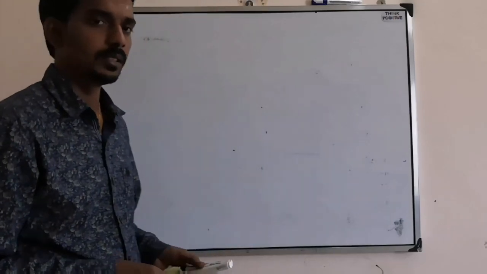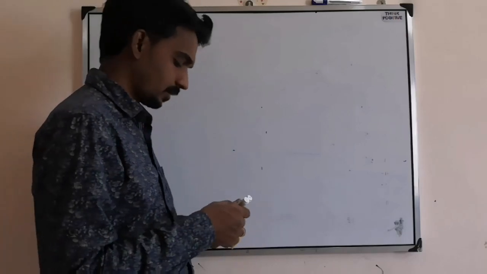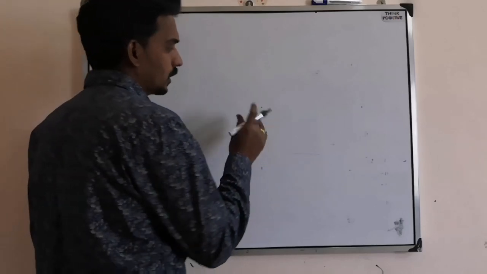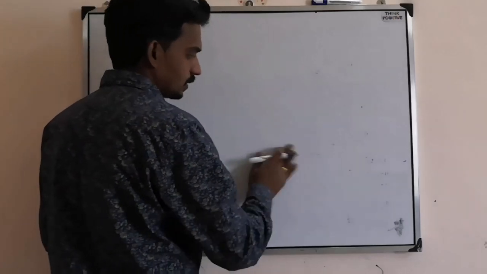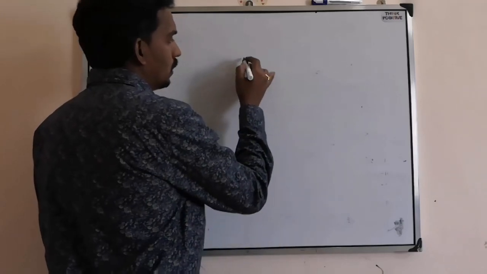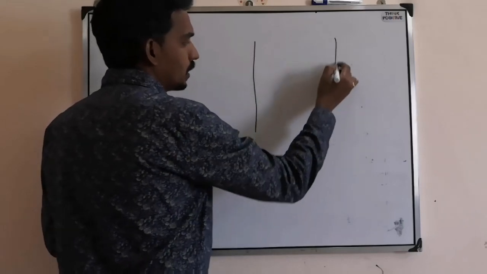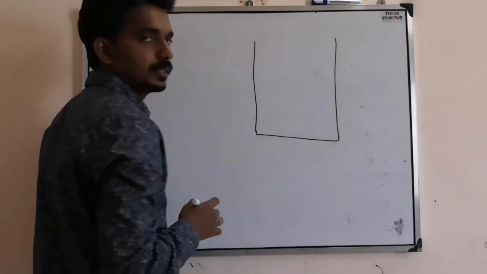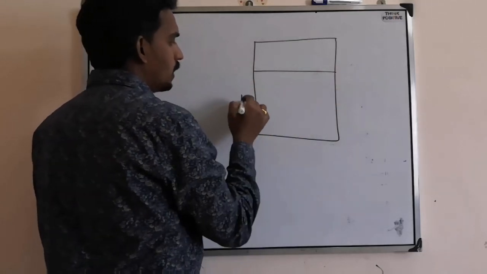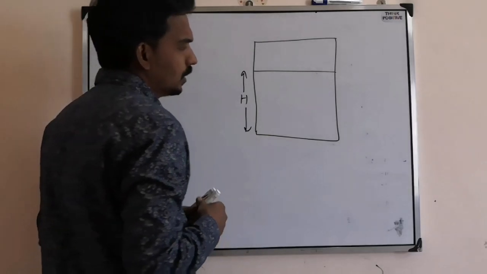Now, here I will tell you one more thing. Suppose you consider one particular case, like there is a beaker. Some liquid is there having height capital H inside the beaker.